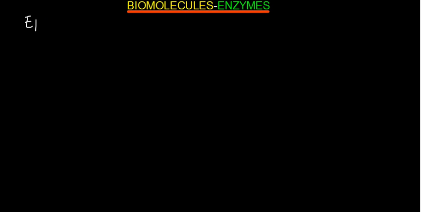All right, so now let's look first at the effect of temperature on the rate of an enzyme catalyzed reaction. What is the effect of temperature on the rate of an enzyme catalyzed reaction? The rate of an enzyme catalyzed reaction is going to increase with increase in temperature. Let me show how this is going to be.